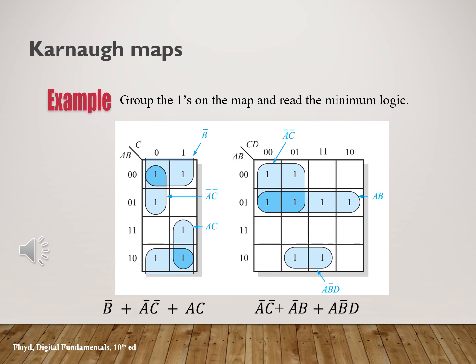So B and B bar alone changes, so you have it as A bar, C bar.